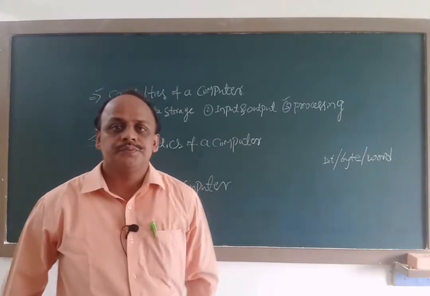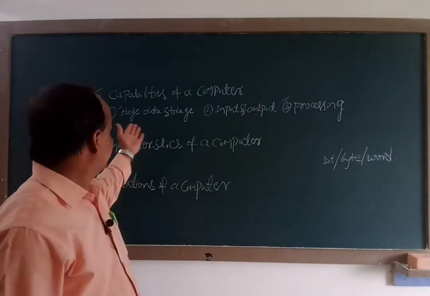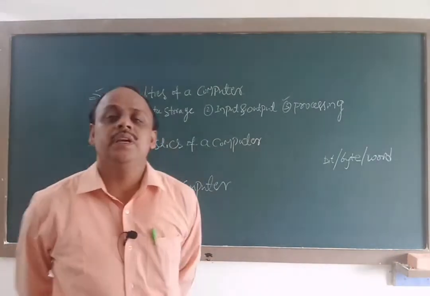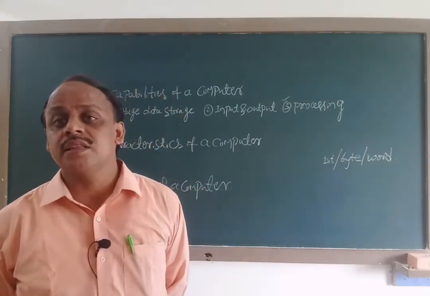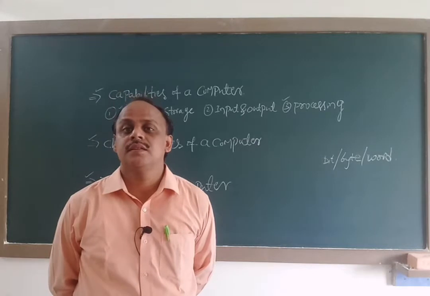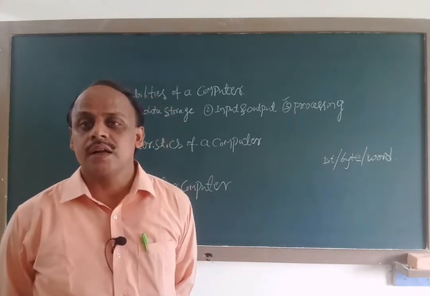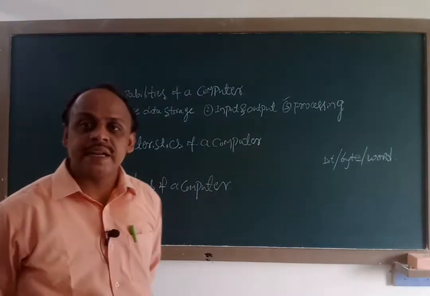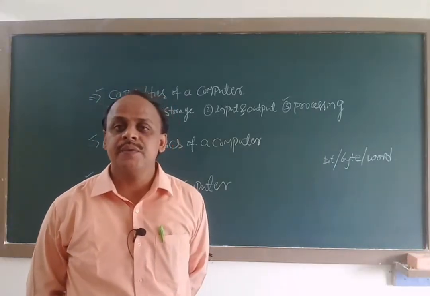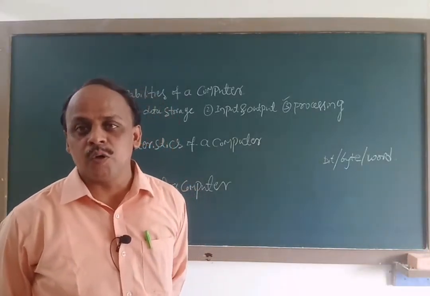Like this, we can observe three capabilities. We can list three capabilities, that is capacities of a computer. What are those? First one, huge data storage. Second one, input and output.